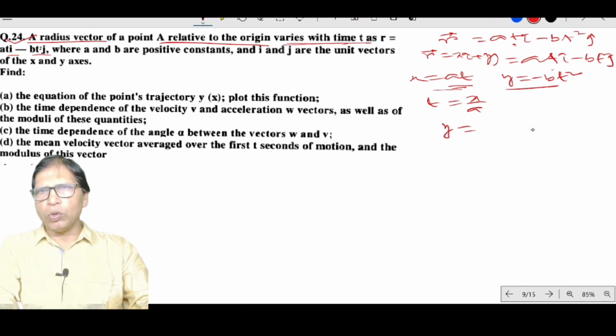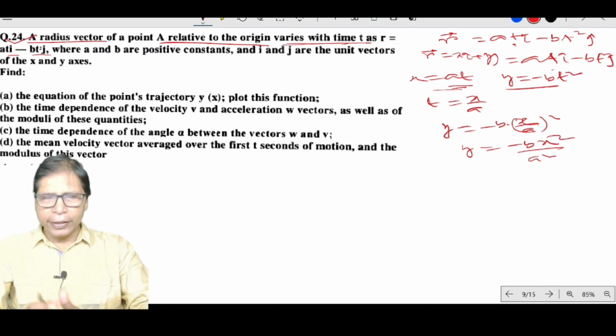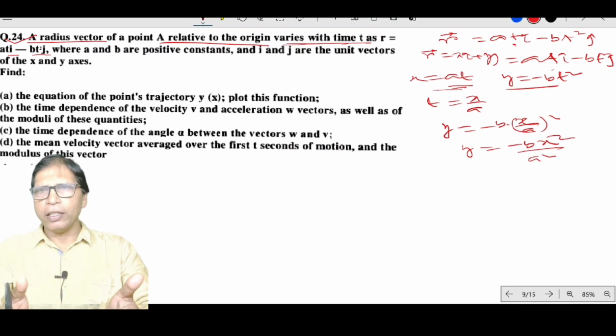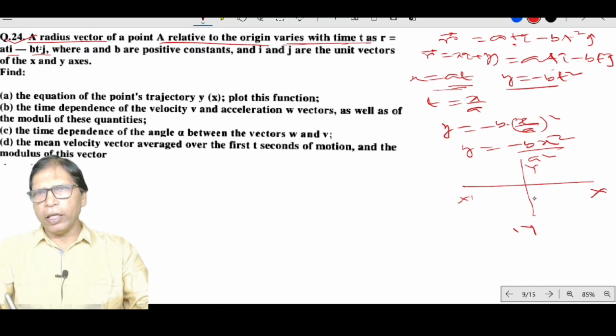Therefore y equals minus b times t square, that is x by a whole square. So y equals minus b x square by a square, which is the trajectory of the moving point. Obviously the equation of the trajectory is a parabola. This is the x-axis, x dash, y dash. So a parabola like this.